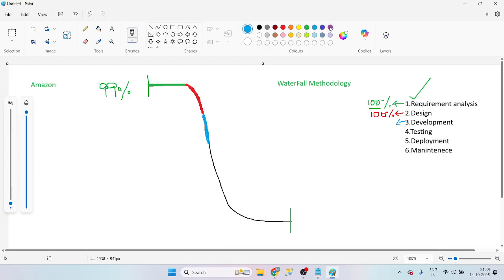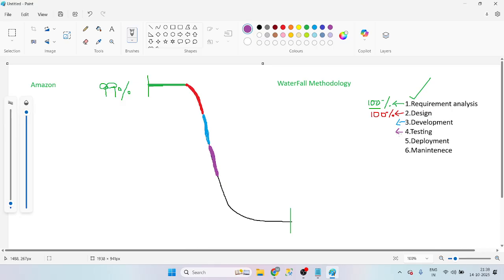After completing development, what are we doing, Andy? We are going for the fourth phase. The fourth phase is QA, that is called testing. Testers will work in the fourth phase. That is also 100 percent.